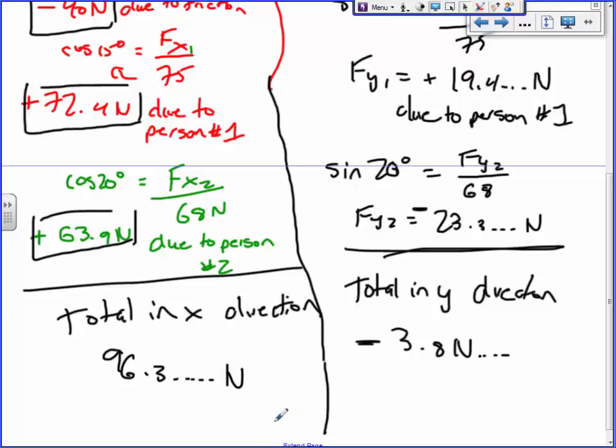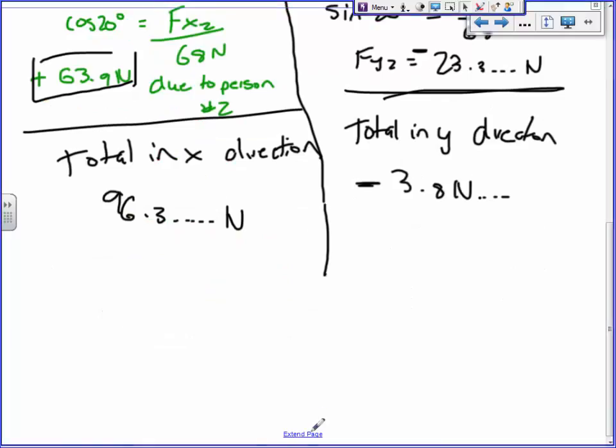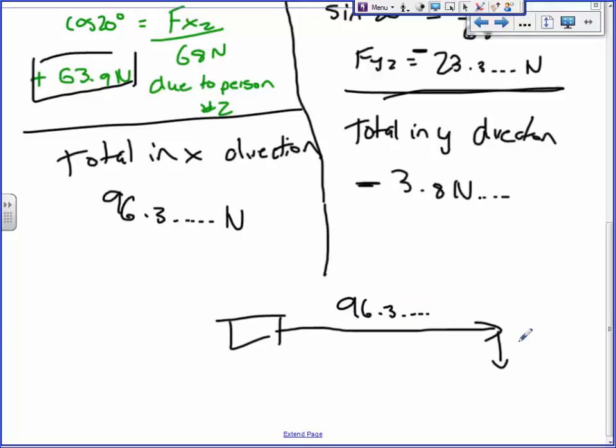Okay, last thing then. I'm going to redraw this diagram. So the car is definitely going forward, but it's going slightly south, downwards. So neither of these numbers is actually our net force. These numbers are this number on one side and this number on another side.